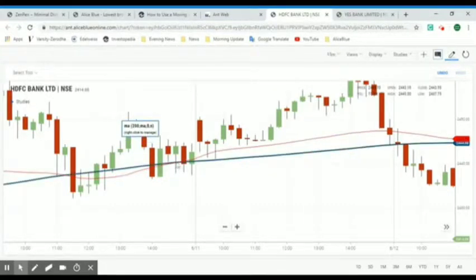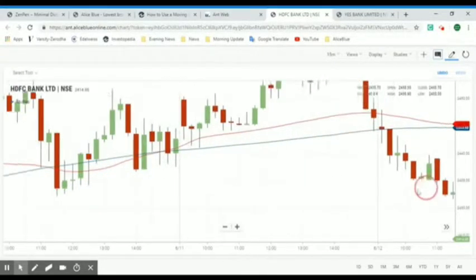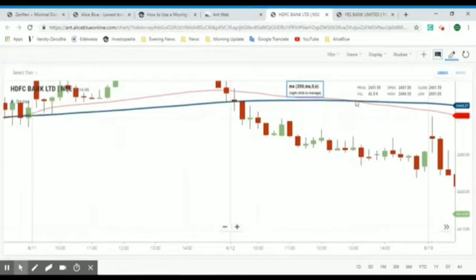So this specific point here is a buy signal, and here we have the sell signal, right here.